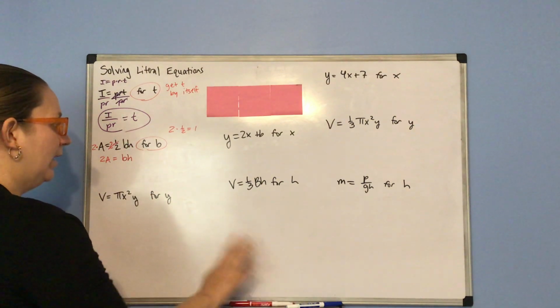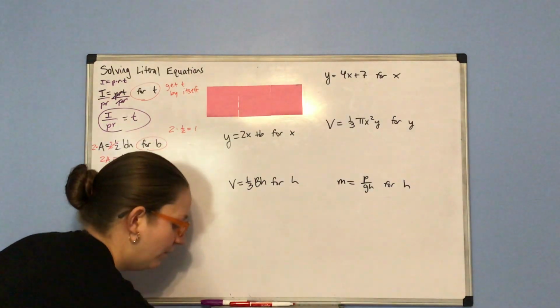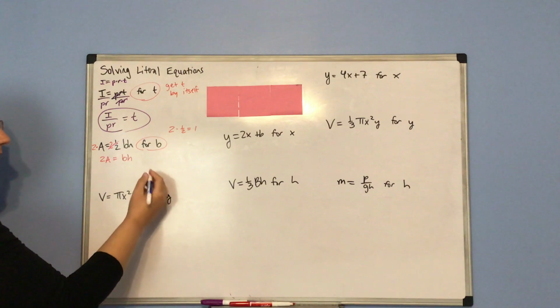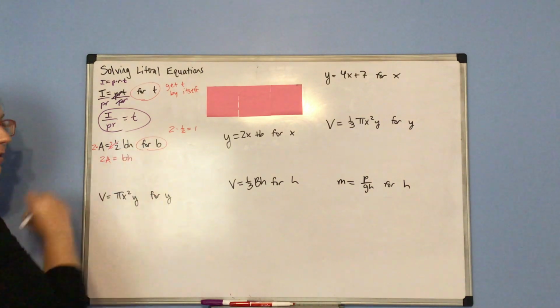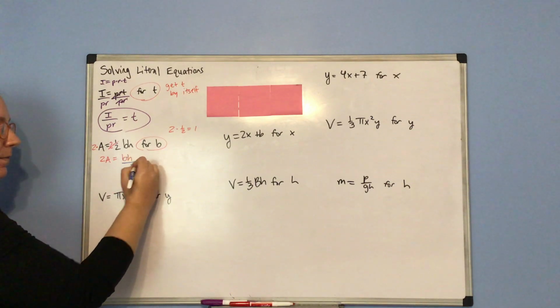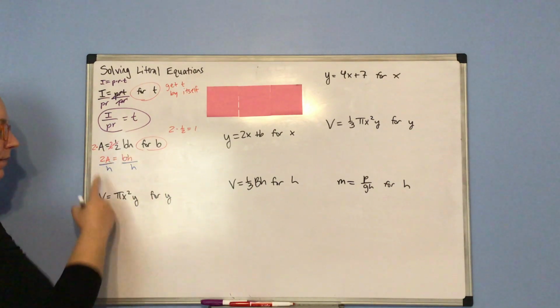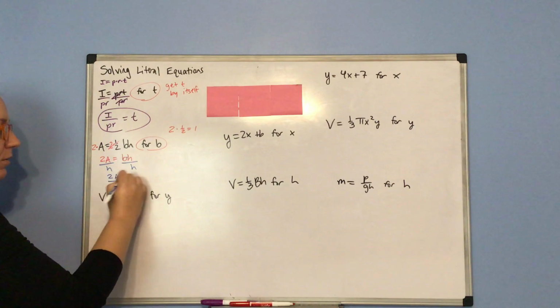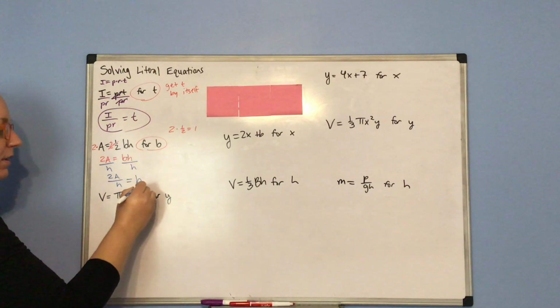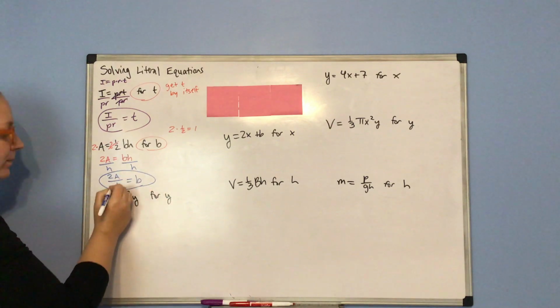Now, I'm not completely done yet, because I want to get B completely by itself. Remember that BH is secretly B times H. To undo multiplying by H, I divide by H. The left-hand side is now 2A divided by H. The right-hand side is now B. B is by itself. We are done.